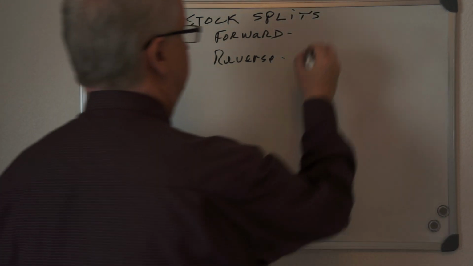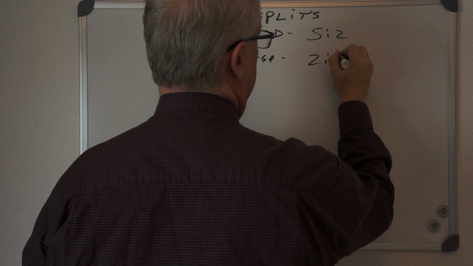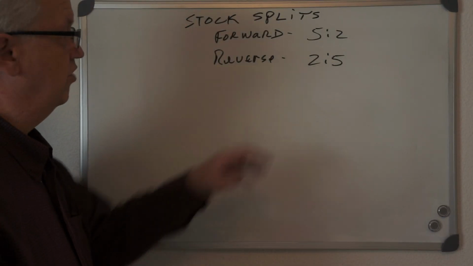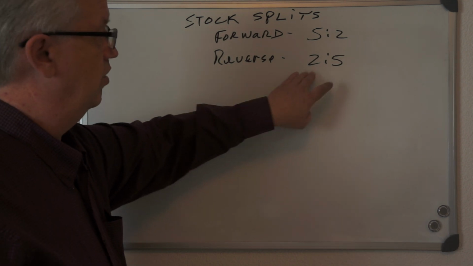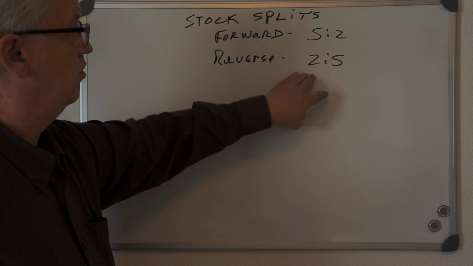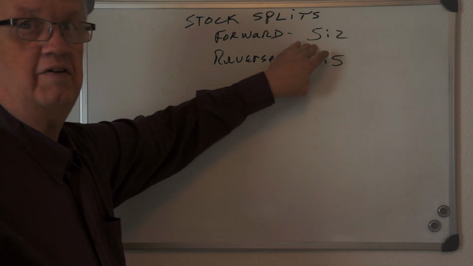So if it's a 5-2, a reverse would be 2-5. Meaning for every 5 shares that you have, in the end you're only going to own 2. Okay? For every 2 shares you have, you're going to end up owning 5 in a forward.